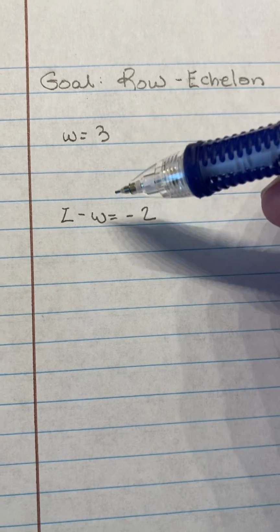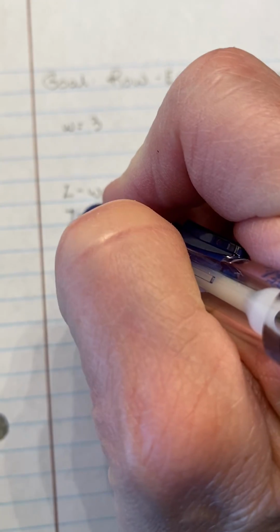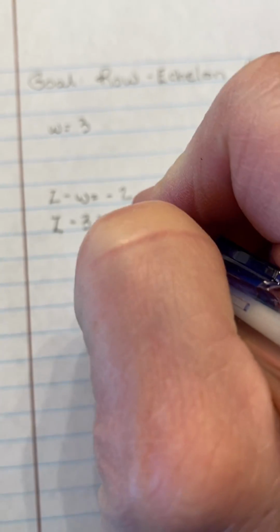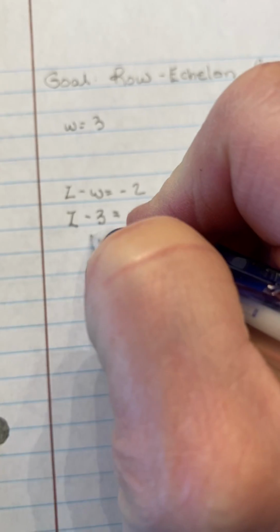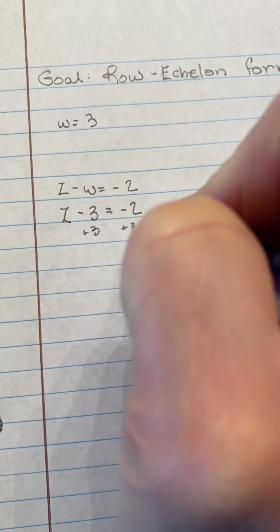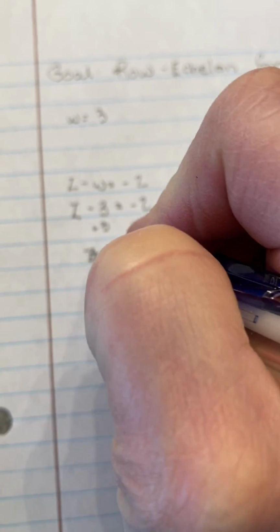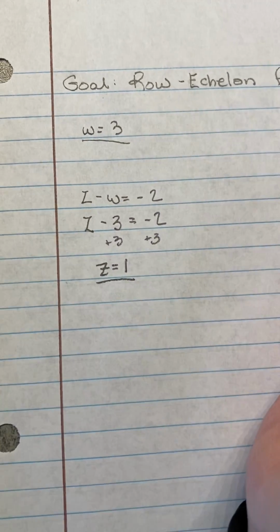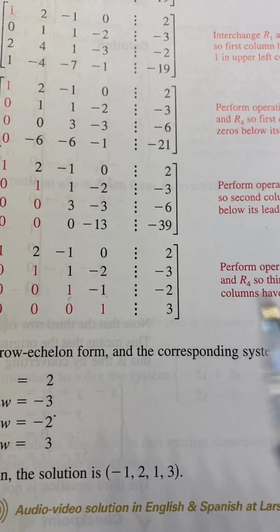Z minus W is equal to -2, but we already know that W is 3. So I can put that in, Z minus 3 equals -2, add 3 to both sides, and we get Z is equal to 1. So we're using something called back substitution to solve this system.